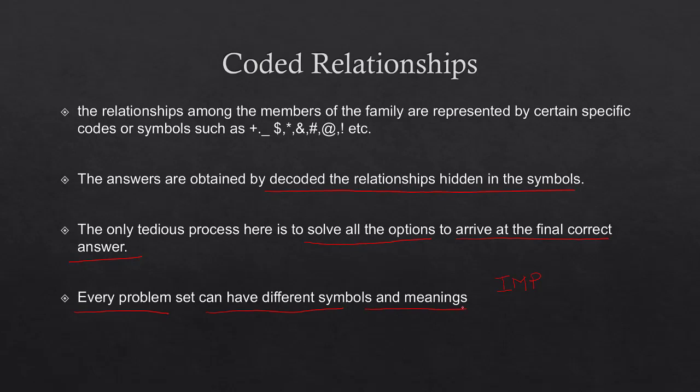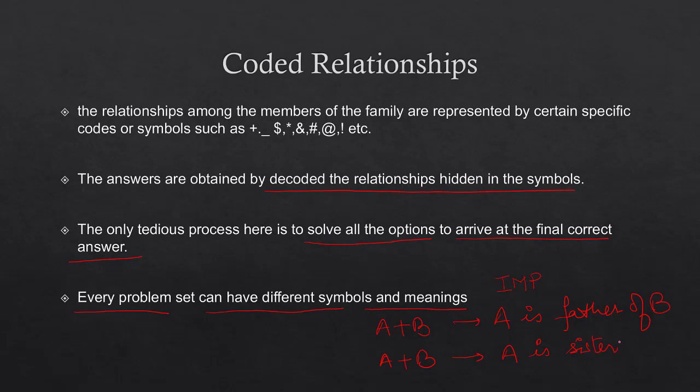For example, in one problem set, a plus b would have been defined as a is father of b, whereas in some other problem set the same a plus b might have been defined as a is sister of b.